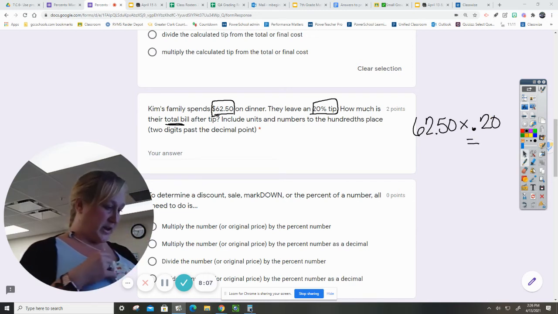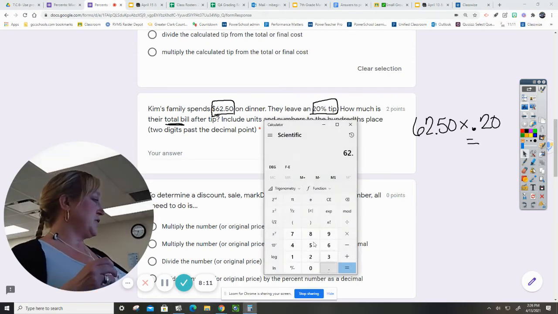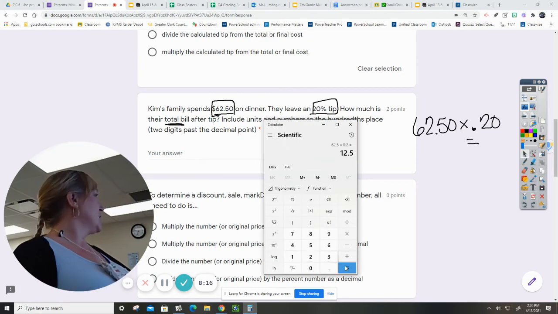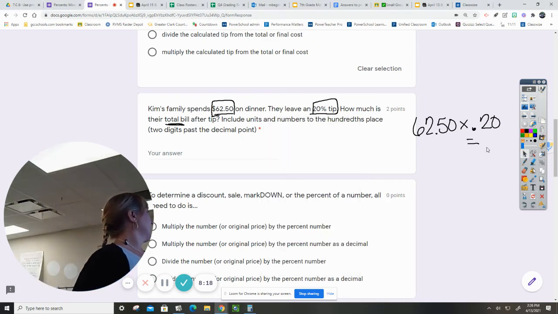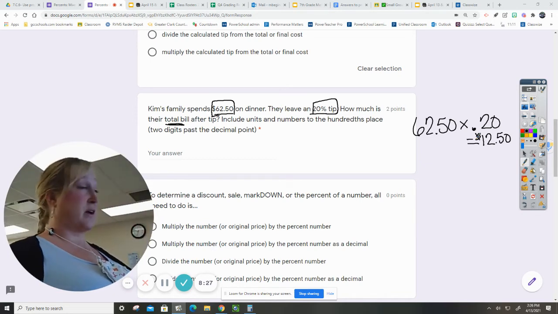I'm going to try to get my calculator to like me. There we go. So $62.50 times 0.2 equals $12.50.